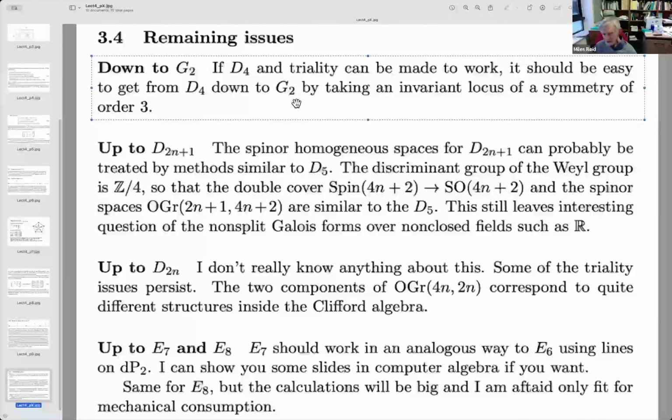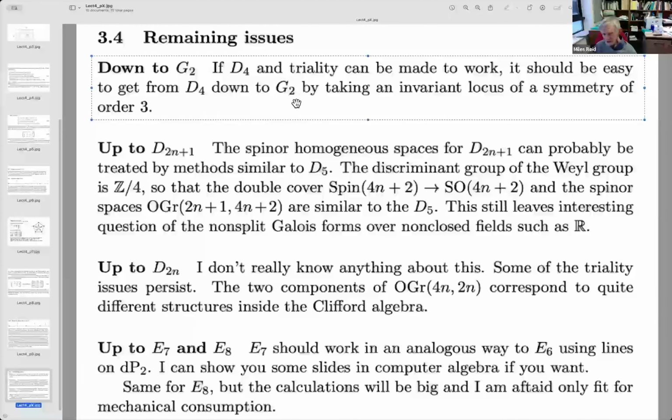So this is 14-dimensional. And it's got one 7-dimensional representation and one 14-dimensional representation. The 7-dimensional representation acts on the imaginary octonions.